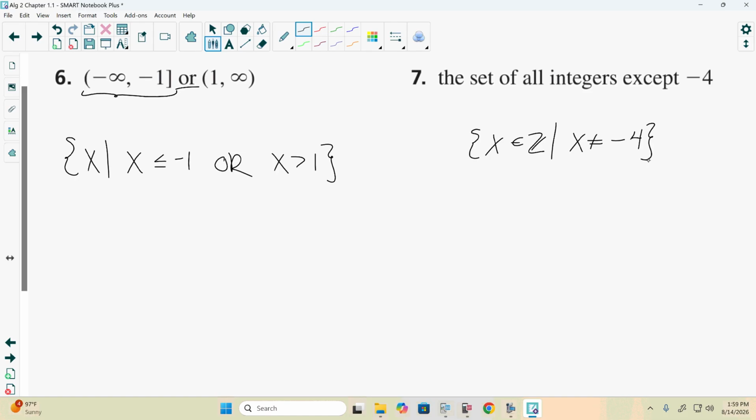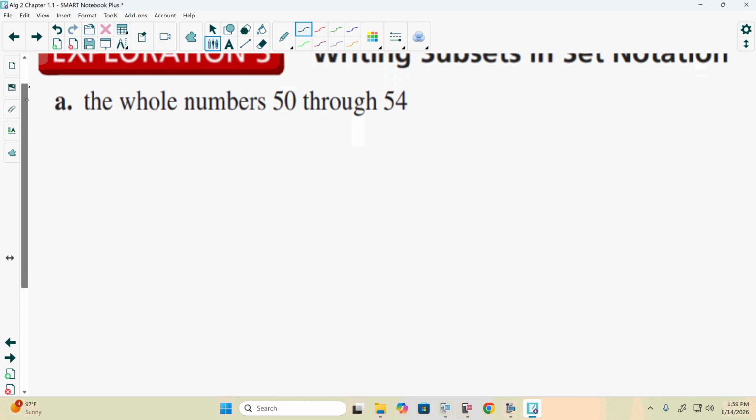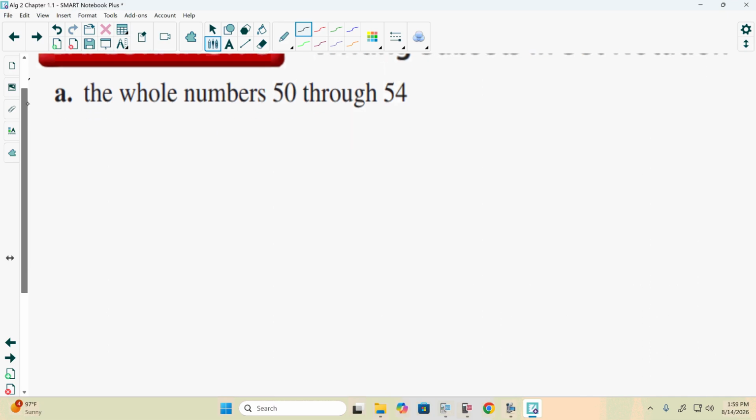All right, we'll do 2 more of these. So these here, we're actually going to start thinking about doing set builder or not doing set builder. Because this here is the whole numbers 50 through 54. Can we list these in the set?